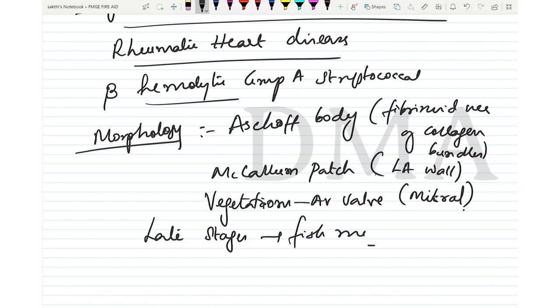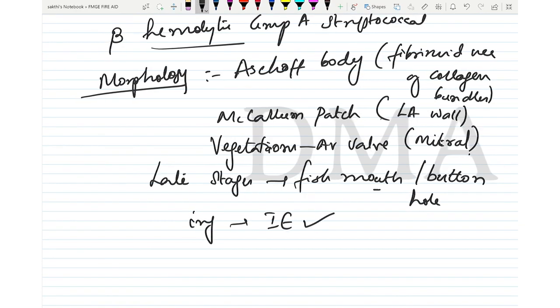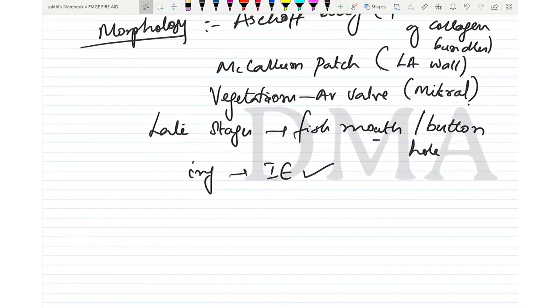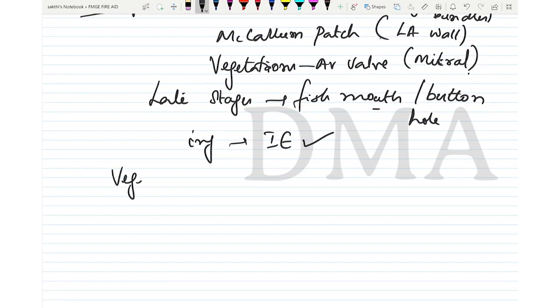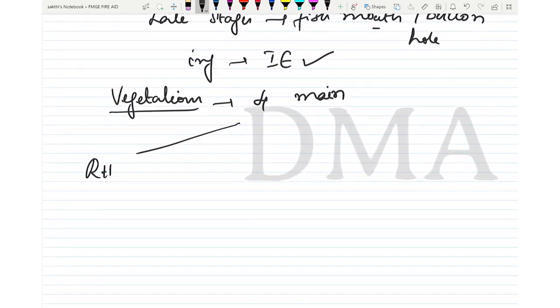Again, vegetations can occur in the heart in 4 main conditions. First is rheumatic heart disease, where you have small, warty, firm vegetations seen along the line of closure, that too on the atrial surface. So that is the rheumatic heart disease vegetations.